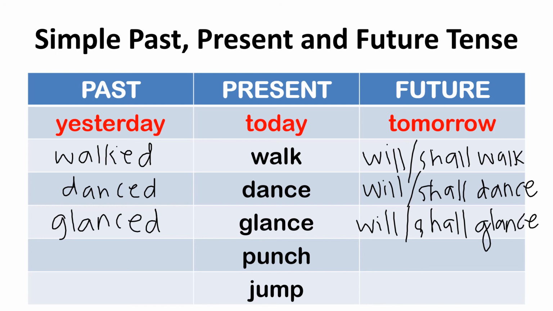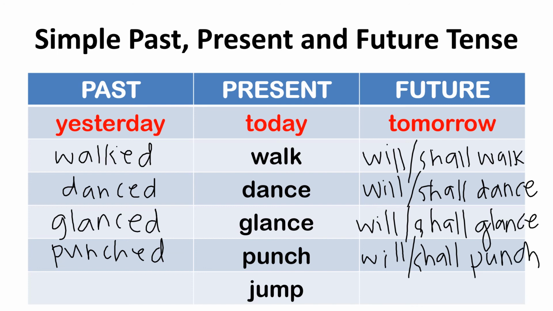Next, punch. The past tense for punch is punched. Then, for the future, will or shall punch. Then for jump, the past tense is jumped.